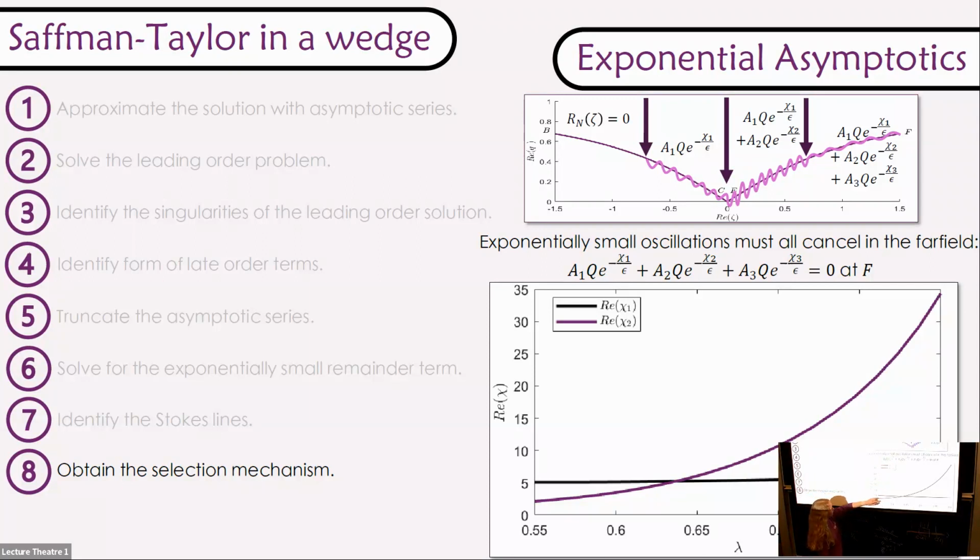So here I've plotted the relative sizes of the real part of chi. And when lambda is smaller, then the real part of chi2 is smaller, which means that this central term is dominating. When that's happening, if these other terms are subdominant, it's quite hard for this thing to be 0.